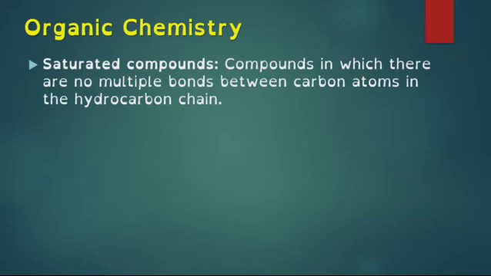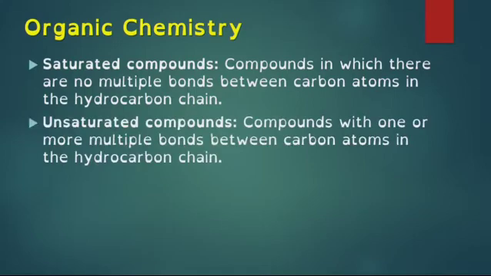You need to be very careful. If there is a double bond oxygen on a carbon, that is not seen as unsaturated. Saturated compounds, we very specifically look at the bonds between carbon atoms within our hydrocarbon chain.